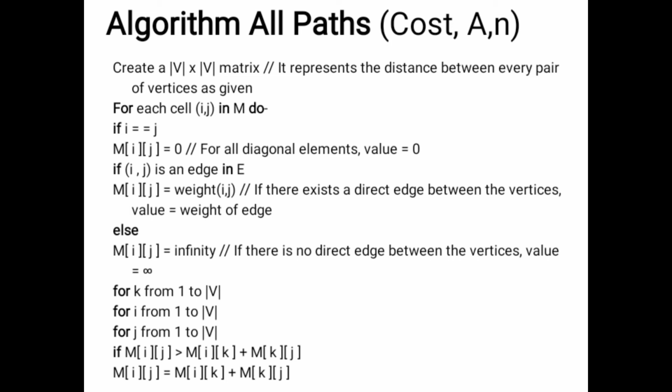If there is no edge between a pair, make the entry infinity, and finally make the diagonal items equal to 0. The resultant matrix is input to Floyd's algorithm, and M[i][j] is equal to the weight of ij if there exists a direct edge between the vertices. The value is nothing but the weight of the edge. Else you are including infinity if there is no direct edge between the vertices.